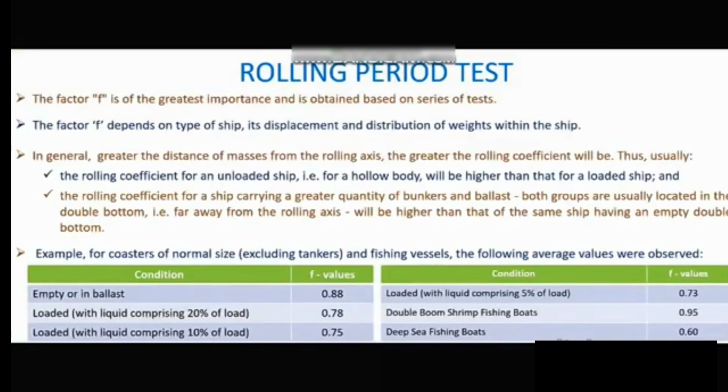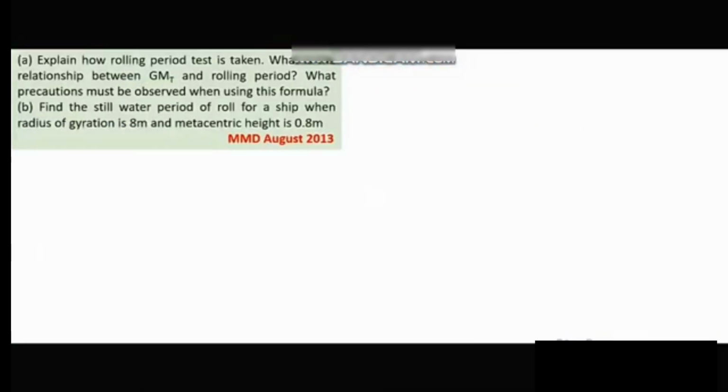Based on this, I'll take you through the rolling period test later, but let's take some numericals. Explain how the rolling period test is taken. What is the relationship between GM and rolling period? What precautions must be observed when using this formula? August 2013 theory.